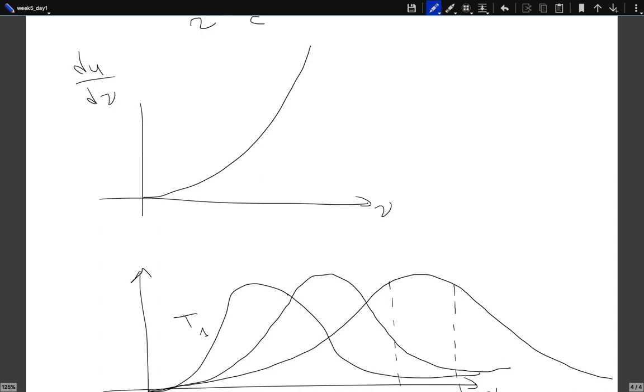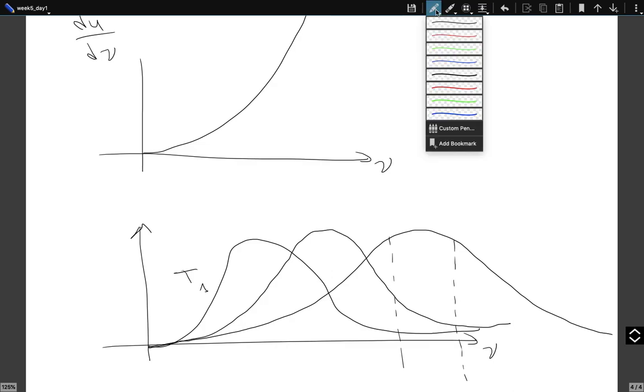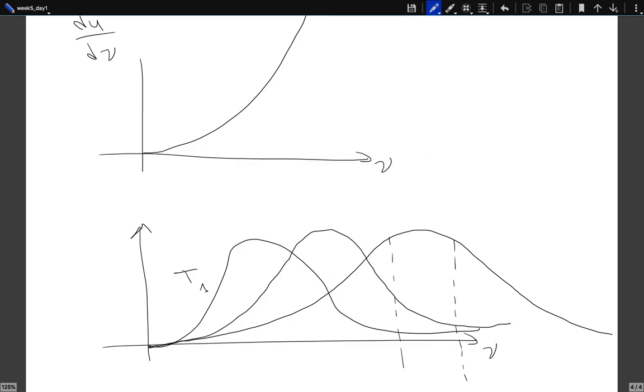So if you were studying this problem, what would you do? So if you want to explain these curves, what would you do?